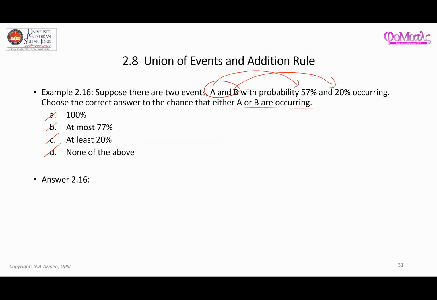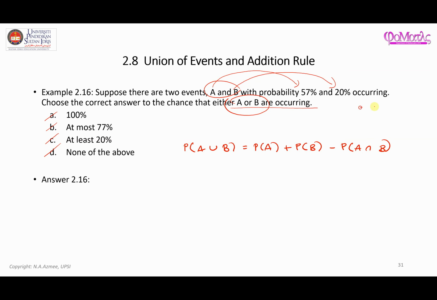Right, so we want to know what's the probability of A or B occurring. Well, you can see that first of all, the formula for A union B is P(A) plus P(B) minus the intersection of A and B. This is the case when the events are not mutually exclusive.